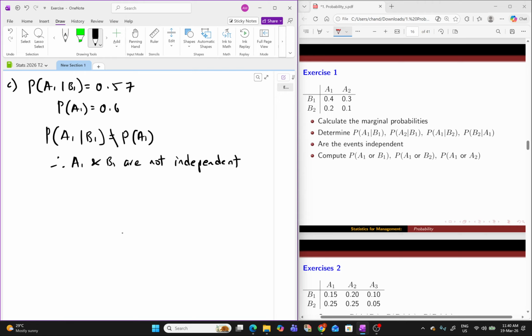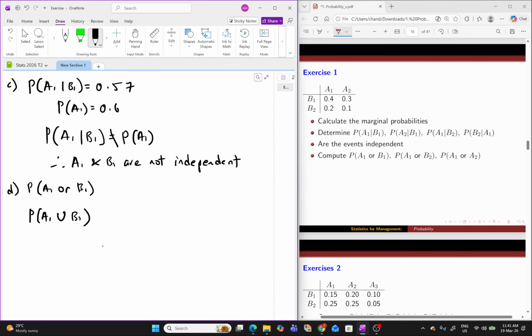Okay, now compute A1 or B1. I can write this as A1 union B1, because last class we saw that or can be written as union or plus.